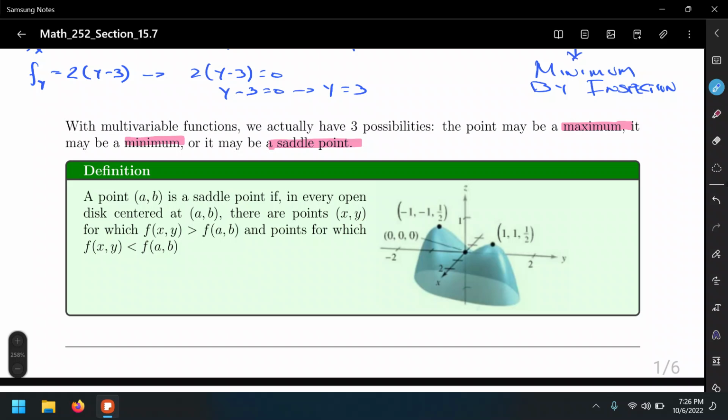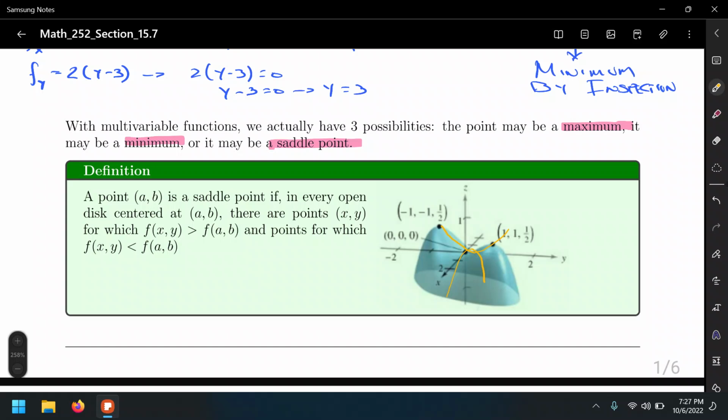If we get to that point in the x direction, doesn't that look like a max in the x direction? I know there's some weird perspective in there. However, if we approach that point in the y direction, it's a min. So it's a maximum and a minimum at the same time, right? That's what we call a saddle point, because it looks like those saddles to ride horses.